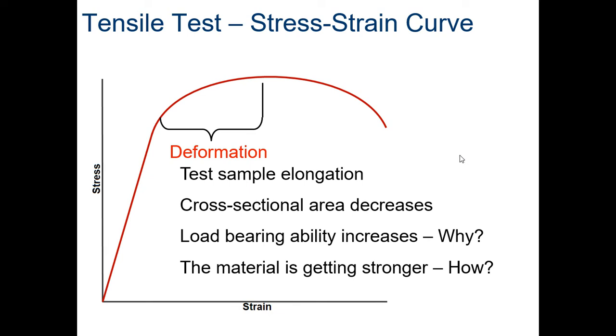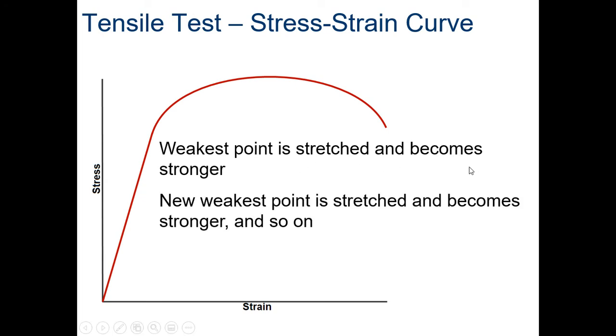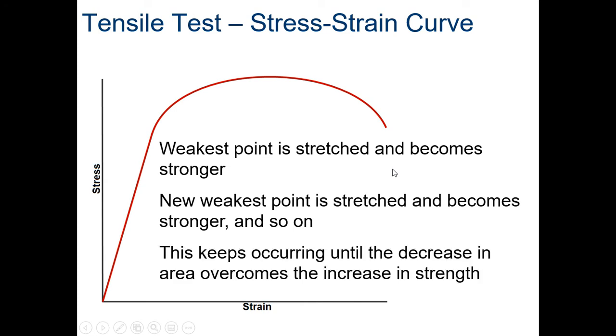Yes. Internally, they're grabbing onto one another. Then the weakest point is stretched, and it becomes so long, then it goes pop, and you're done. When it's done, it's done. But each new point stretches a little bit more.